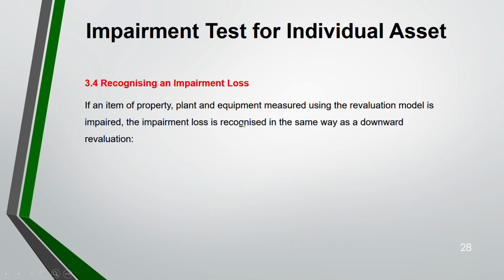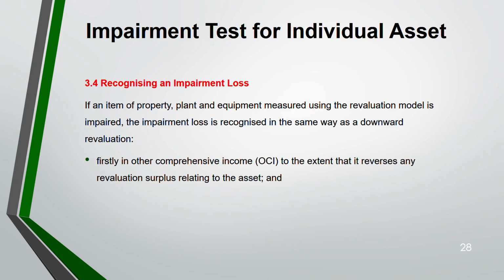Next, if your item of property, plant and equipment measured using the revaluation model is impaired, your impairment loss will be treated in the same way as a downward revaluation. That's why you have to go to my IAS 16 revaluation model and see how downward revaluations are done. You can go and watch my IAS 16.